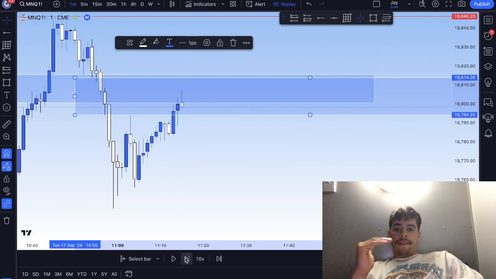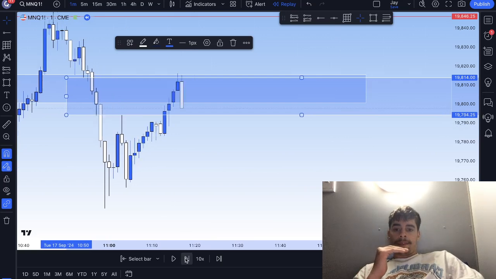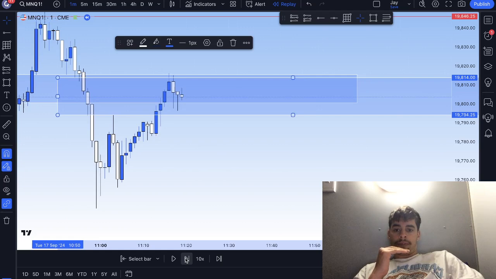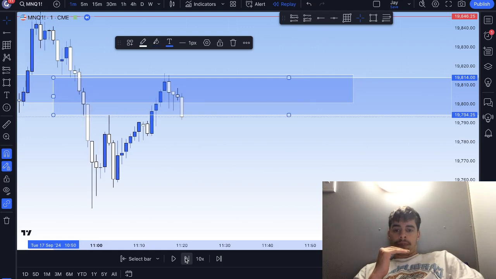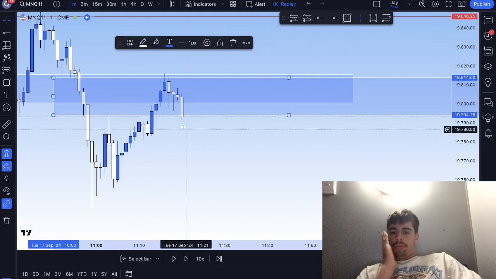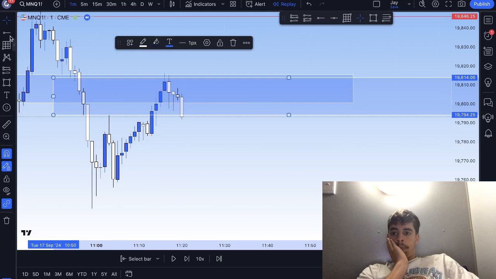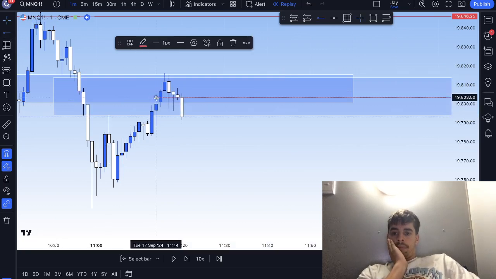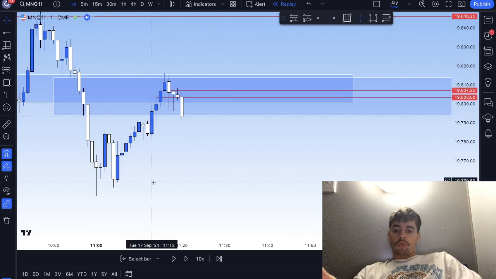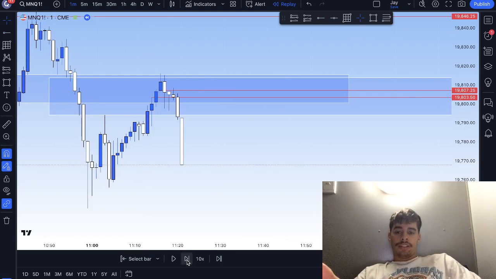And then okay, we've inversed. Now we need to see this inverse get visited again, or create a new continuation confluence.